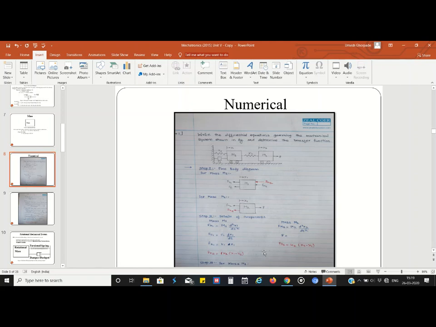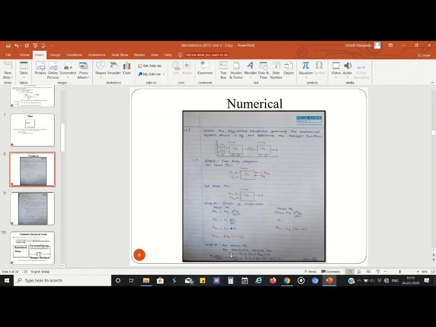By Newton's second law, Fm1 plus Fc1 plus Fk1 plus Fk2 is equal to 0. Summation of forces is equal to 0. Now we can elaborate that equation by putting these values.